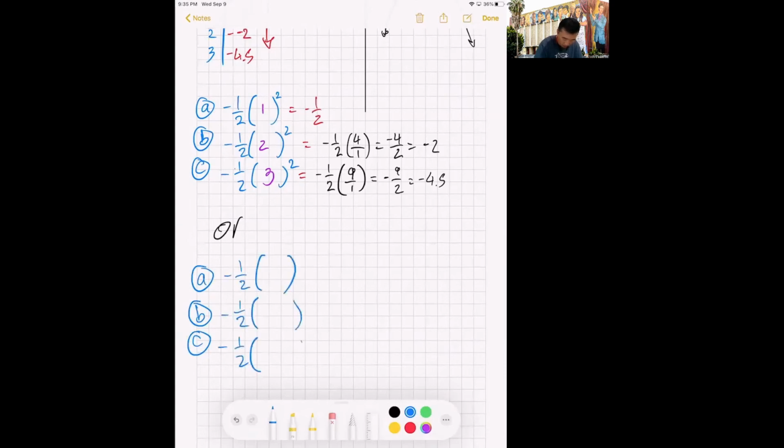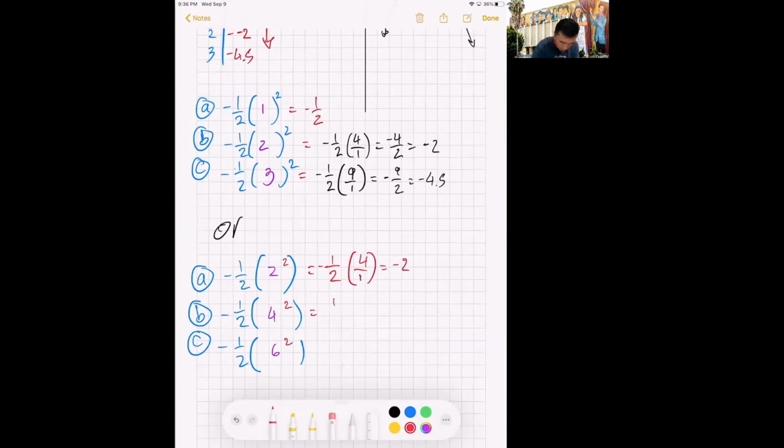And instead of picking 1, 2, and 3, you could have picked 2, 4, and 6. Those are your options. That's obviously easier because then you get 1/2 times 4. Oh, this is a square, square, square. But you get some big numbers. That's the other thing, right? You get 1/2 times 4, which equals negative 2.